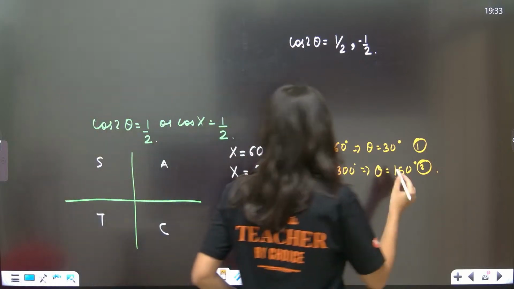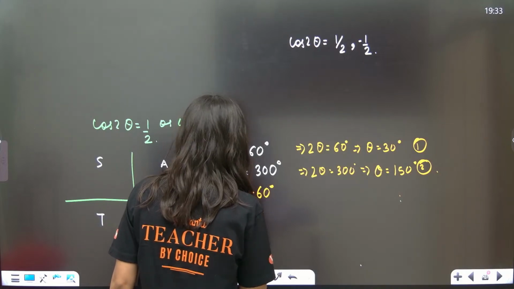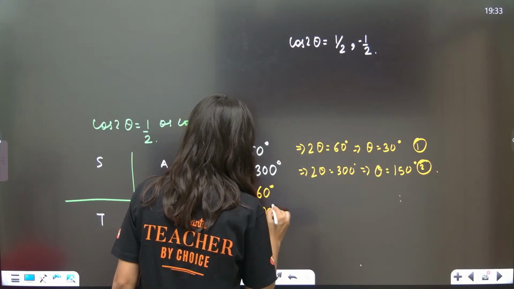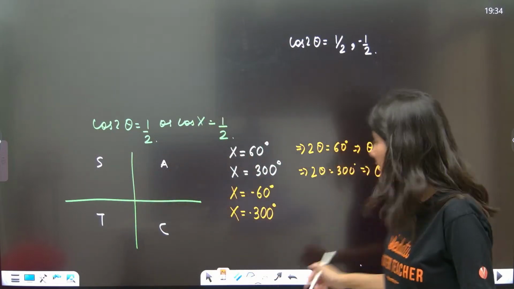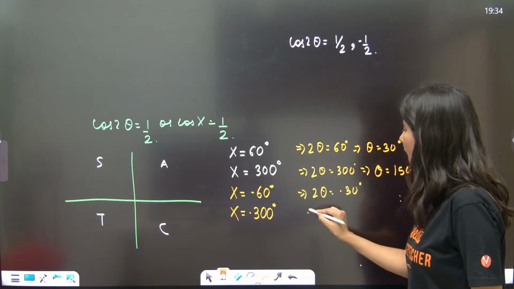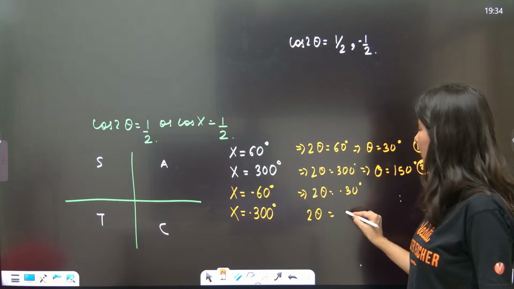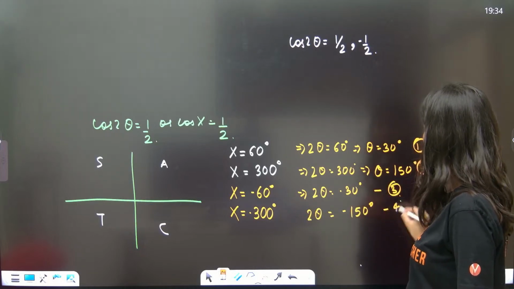Now one more thing, x equals minus 60 degree and x equals minus 300 degree will also work. 60 will be here, minus 60 will be here. So this implies your 2 theta will be minus 30 degree and minus 150 degree. So this is your third and fourth solution.